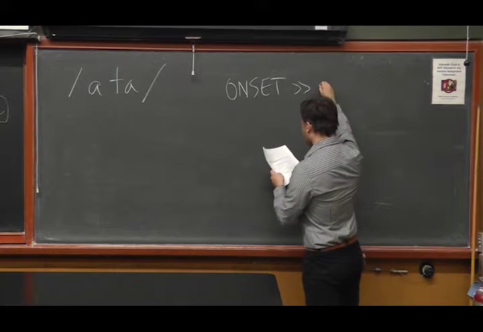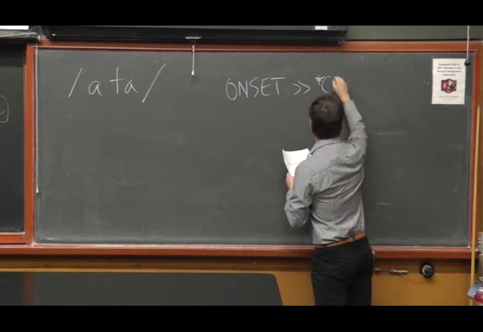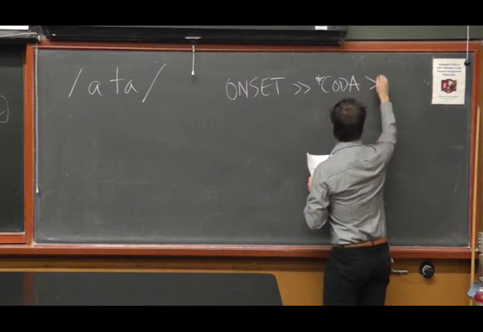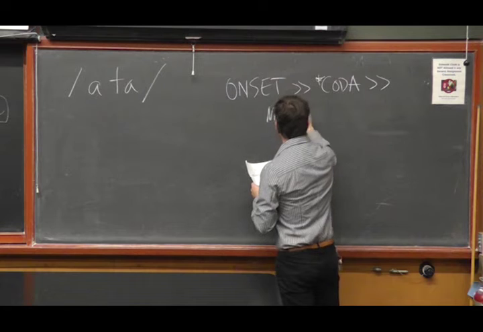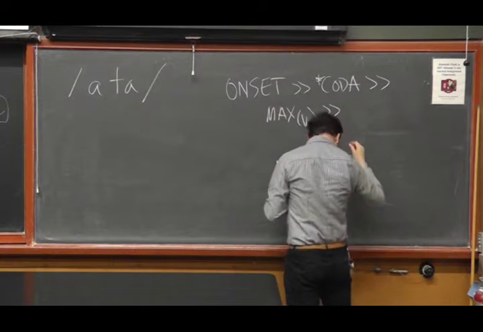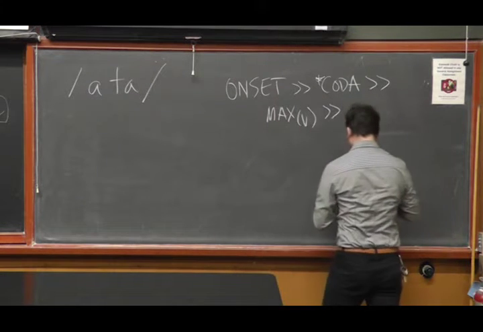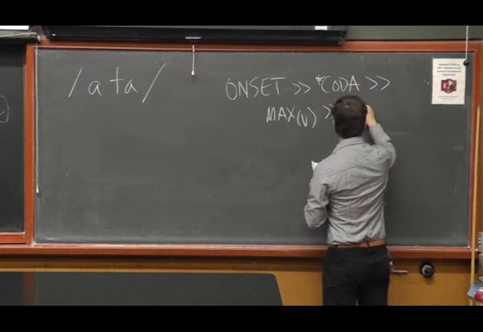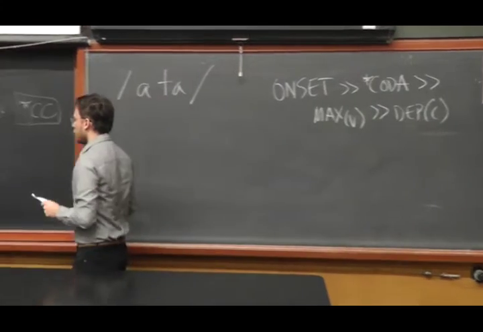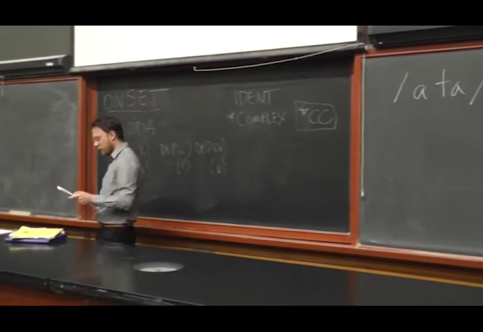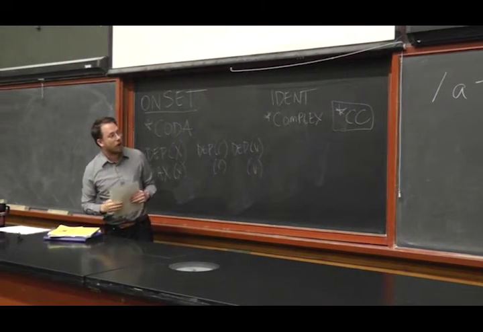So we need to do onset, and we'll do star coda, and then we'll do max V, and then we will do depth C. So we'll have those specifically in, and that's the order.